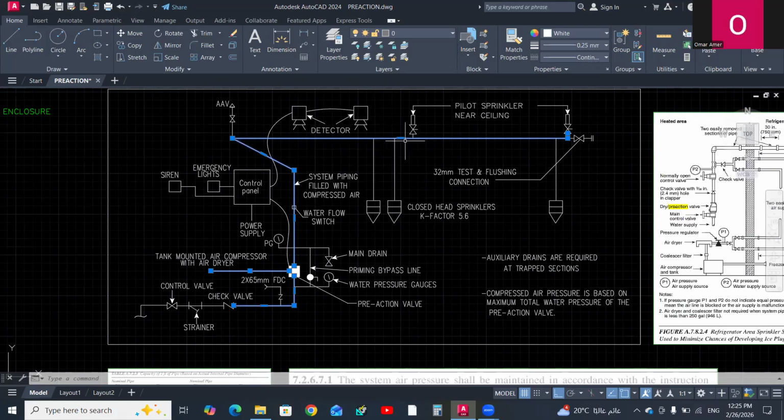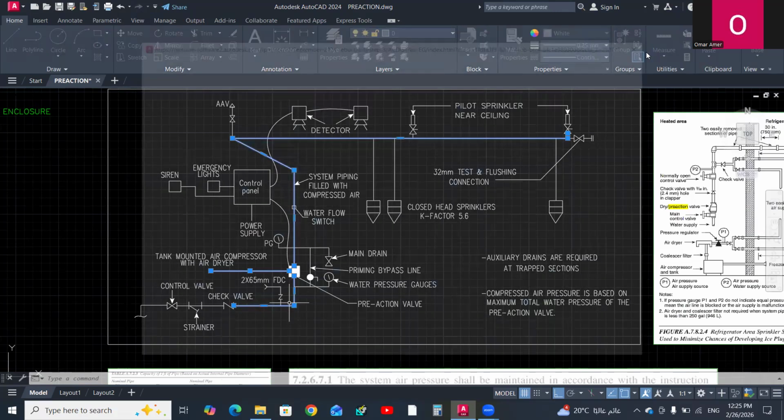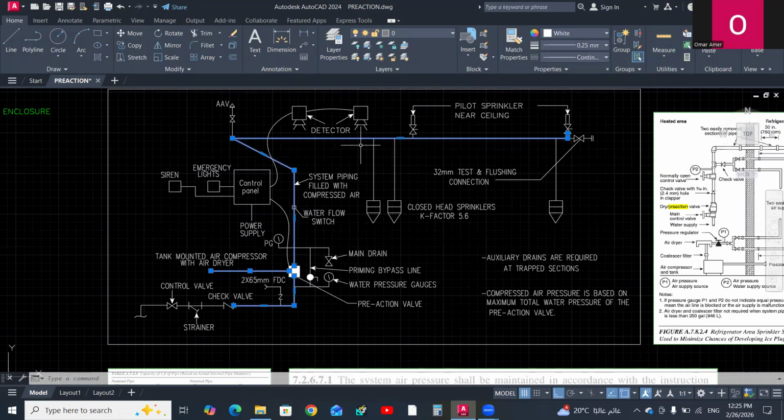In the maintenance period, the storage area shall be shut down, the freezing system shall be shut down, and the heating system will be activated to transform any ice formed inside pipes to liquid water that can be drained easily through flushing connections, test and flushing connections, or auxiliary drains, or the main drain, as I will talk about now. So this is the benefit in using nitrogen.